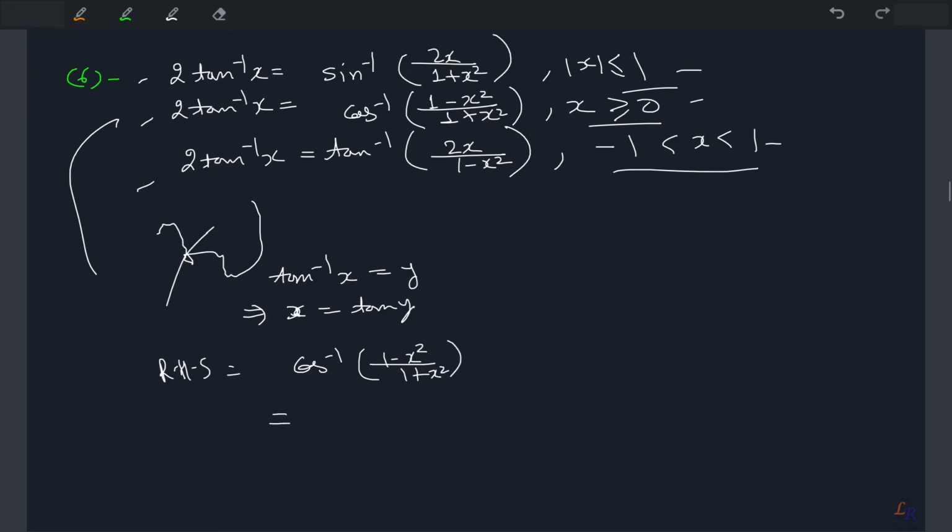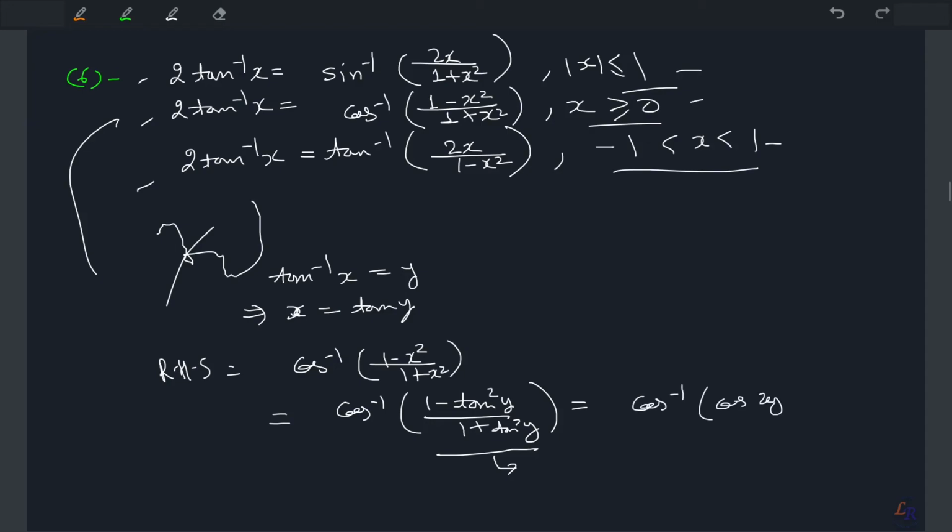You can write this as cos inverse of (1 minus tan square y) upon (1 plus tan square y). Now you remember the trigonometric function here, it is equivalent to cos 2y. If you expand cos 2y, you can write like this. So you can have cos inverse cos of 2y, and then this will be neutralized, so it will become 2y.